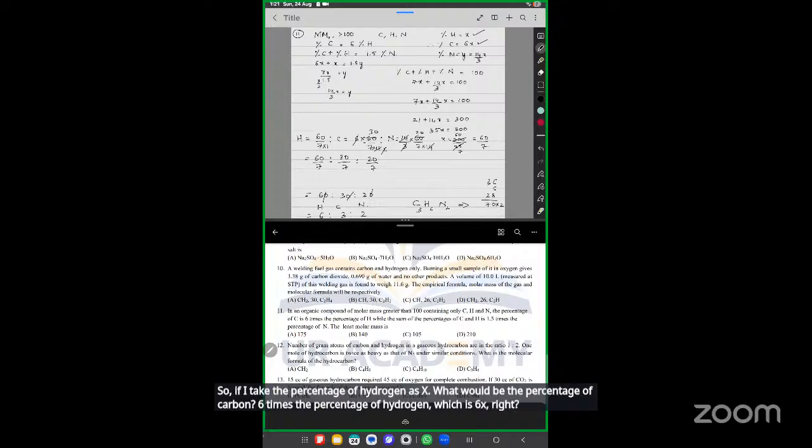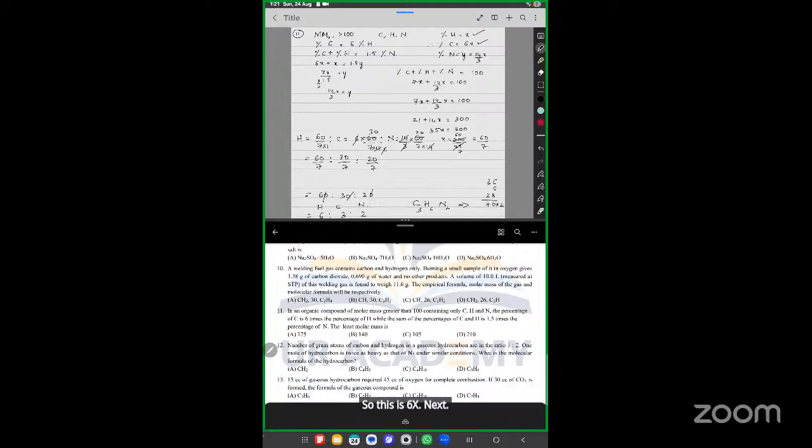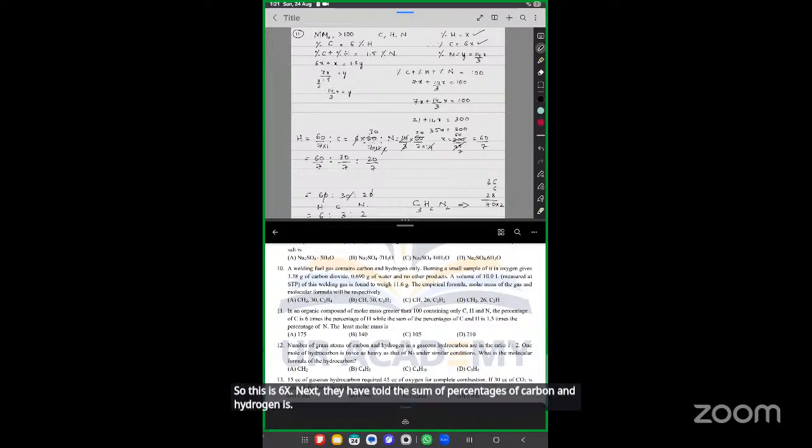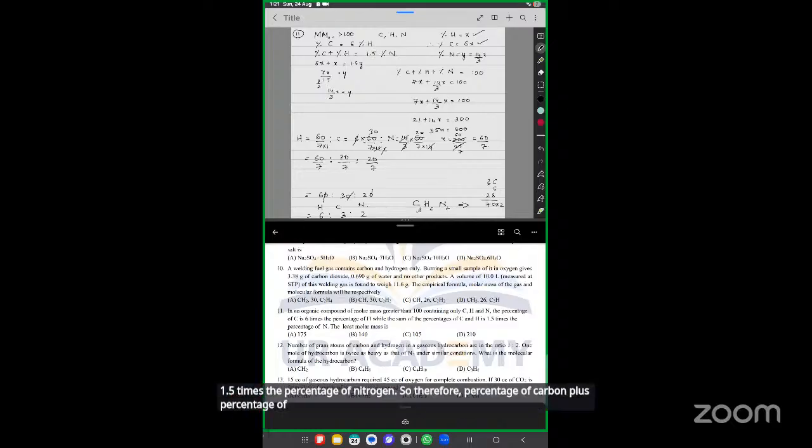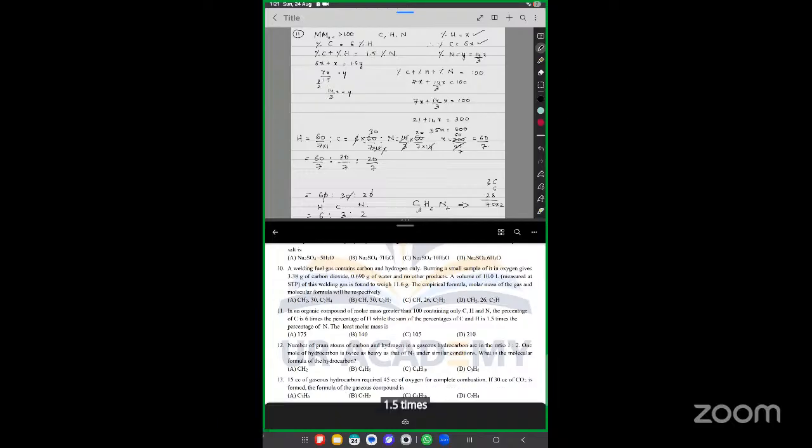Next, they have told the sum of percentages of carbon and hydrogen is 1.5 times the percentage of nitrogen. That's the data which I have written here, right?